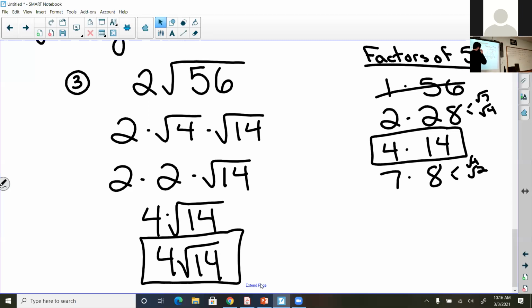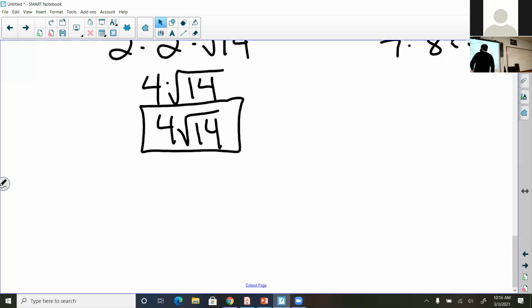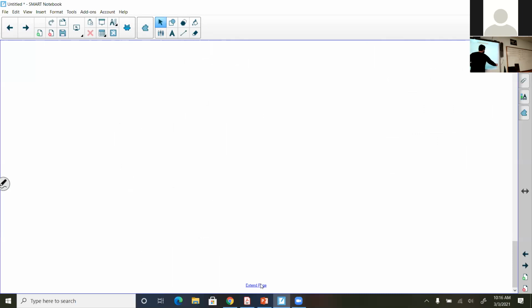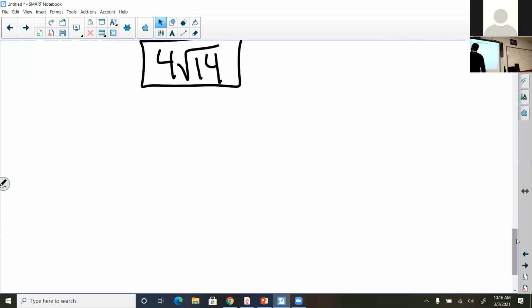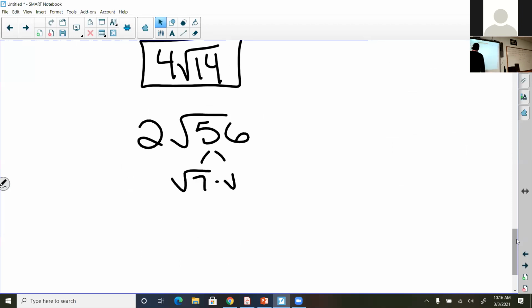Sure. So the question is, can you show out the 7 and 8? And I would love to. So if we would have done the square root of 7 times the square root of 8 times 2, the square root of 7 can't simplify, but the square root of 8 can be the square root of 4 times the square root of 2.